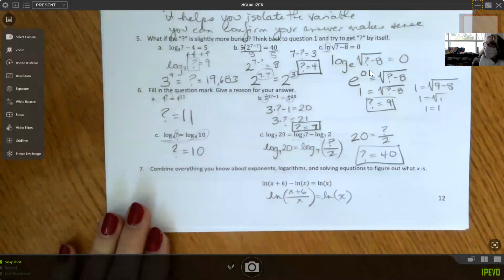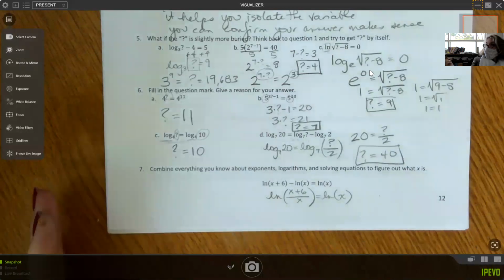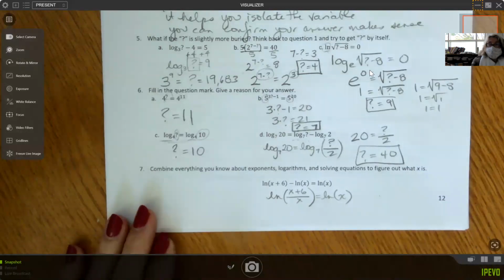Yeah, Grayson. Totally. That's fine. So yeah, you could put it in your calculator, that would be a way to do it. Yeah, you could do it that way.